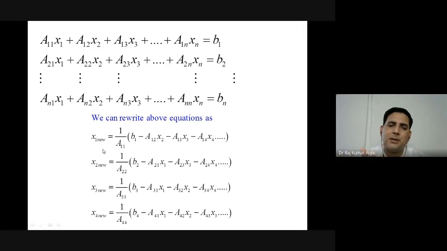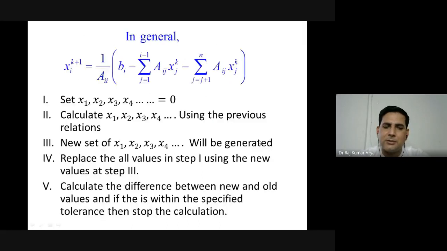This needs to be calculated at every step. When it is fulfilled, you stop the iterative procedure. So in step 3, you keep calculating the difference, and once the difference is within your given tolerance, you stop.